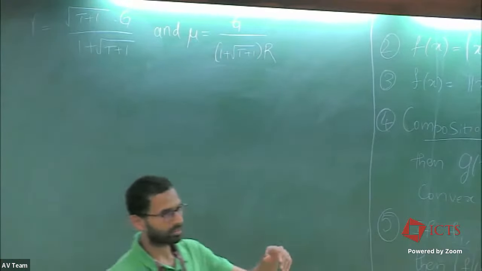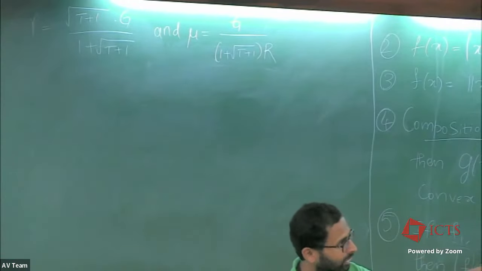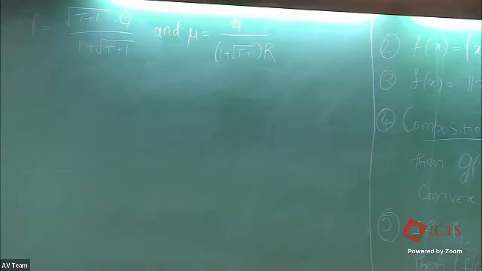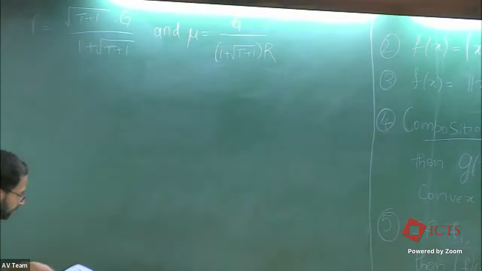What we are given are parameters g and r, right? We want to construct a function f. We want to show that f is g-Lipschitz, so that it will satisfy this assumption, and that the norm of x0 minus x star is at most r. These are the two things that we need to satisfy so that the function satisfies the hypotheses in this theorem. And then we want to say that this is the best possible result that we could have gotten using any other algorithm. For that, we are choosing gamma and mu in this particular way.